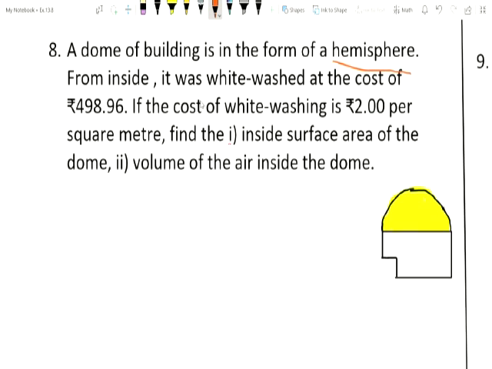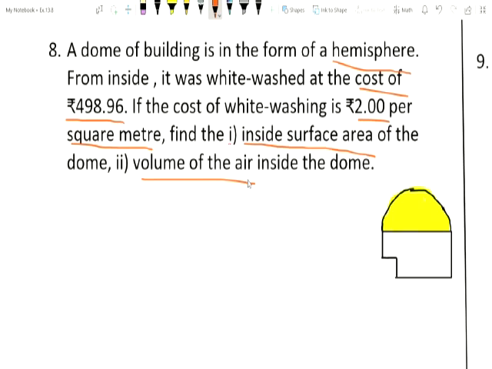From inside it was whitewashed at the cost of rupees 498.96. The cost of whitewashing is rupees 2 per square meter. Find the inside surface area of the dome, and second one is volume of the air inside the dome.